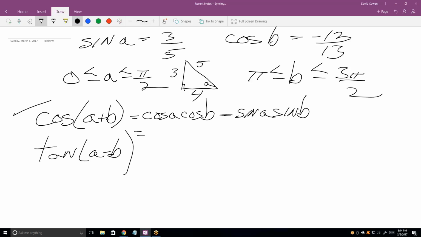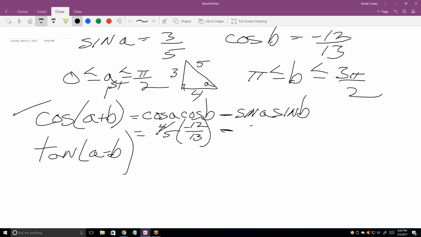And we know we're in the first quadrant. That's first. So what's the cosine of A? 4/5. What's the cosine of B? Well, they gave it to us, minus 12/13. What's the sine of A?